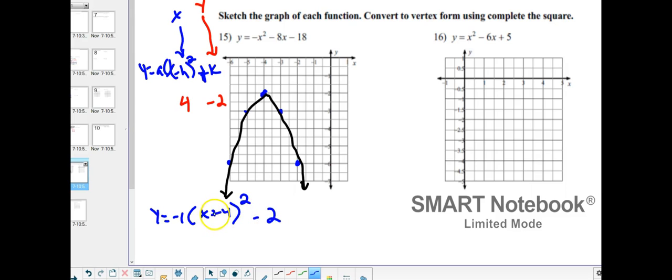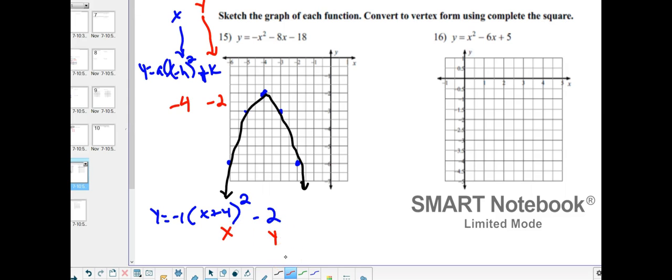Because our actual vertex was at -4, -2, for the x we change the sign. So if we see this equation, we would know right away that this vertex was at -4, -2. Because we change this sign, we keep this one. And this is the x part of it, and this is the y.